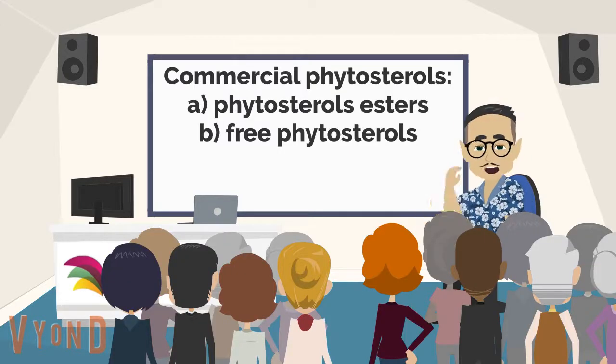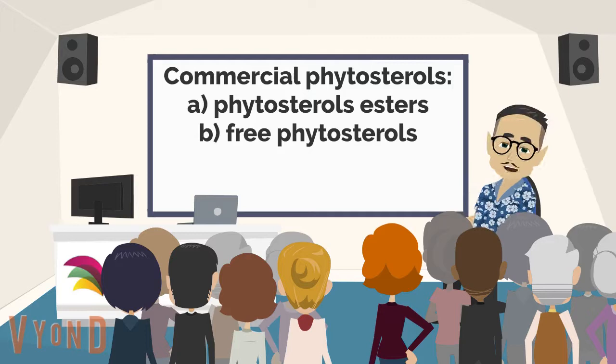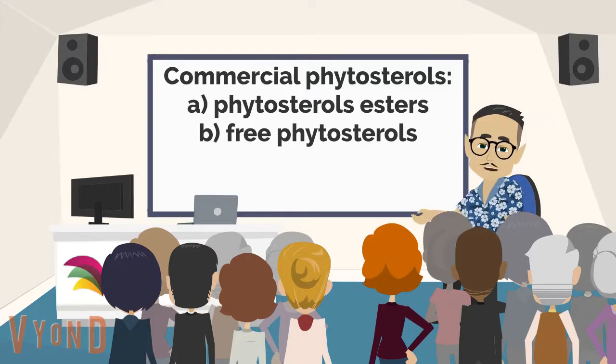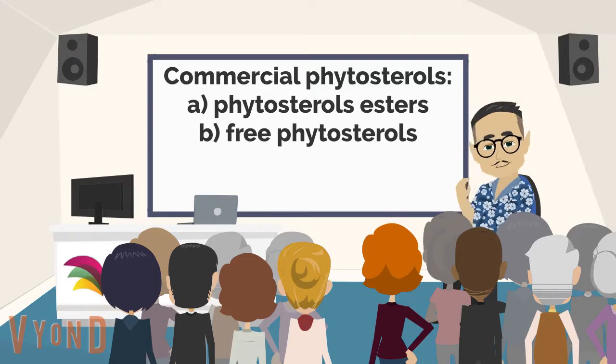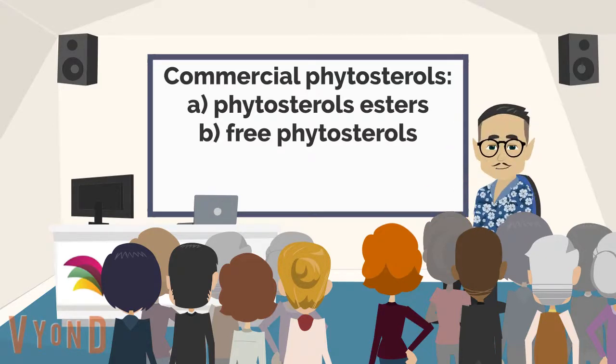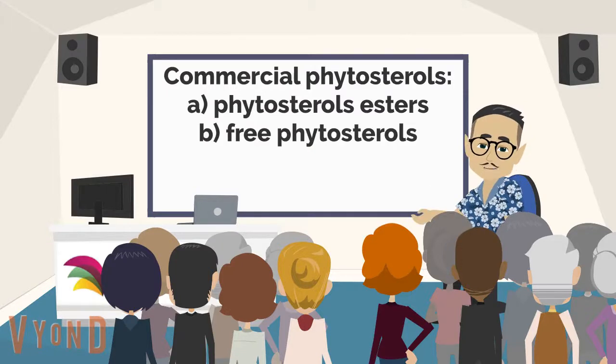Commercially, there can be two types of phytosterols. Number one, what we call phytosterol esters, normally in a semi-liquid paste with higher fat solubility and lower melting point, therefore easier to formulate in fat-based foods. An example is beta-sitosterol linoleate.